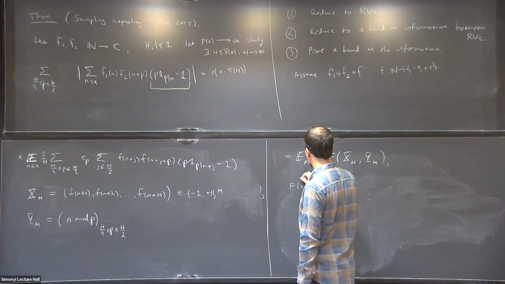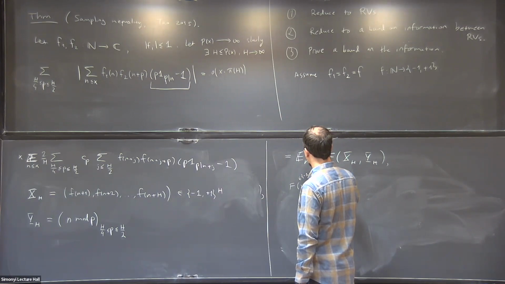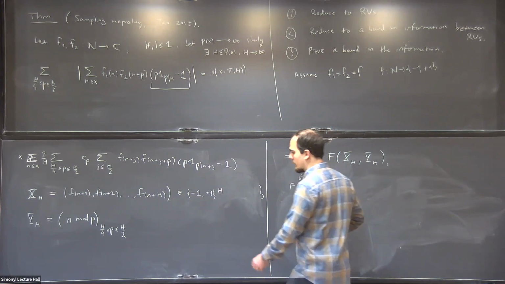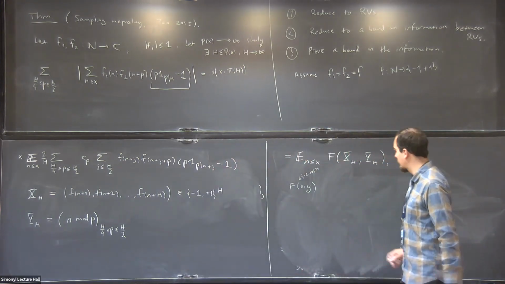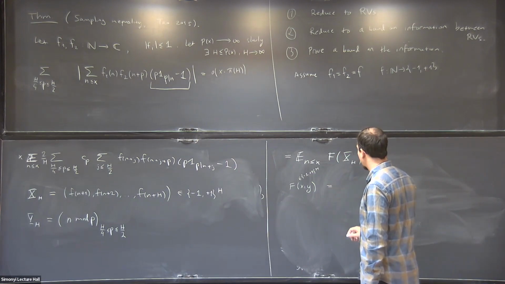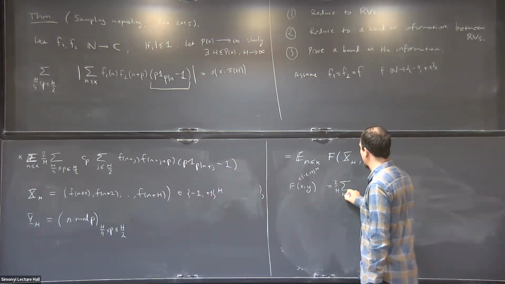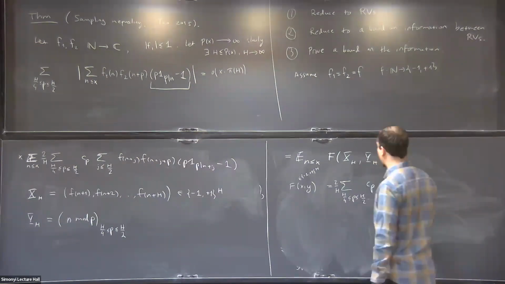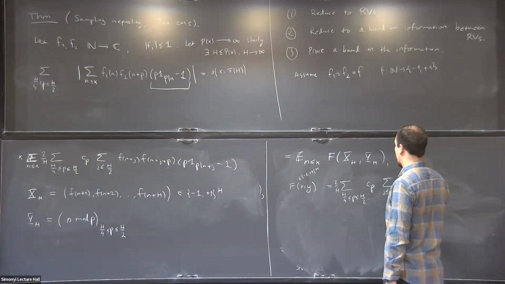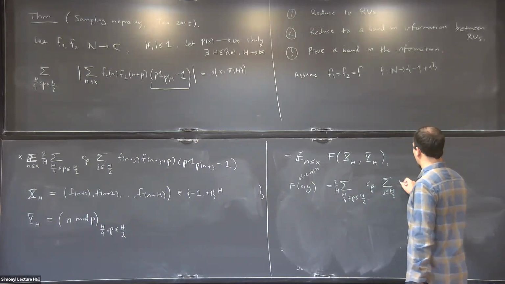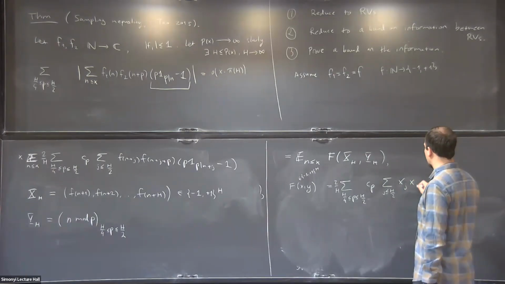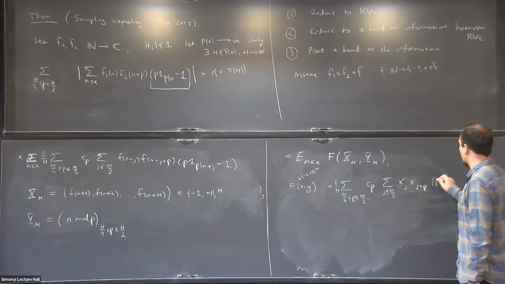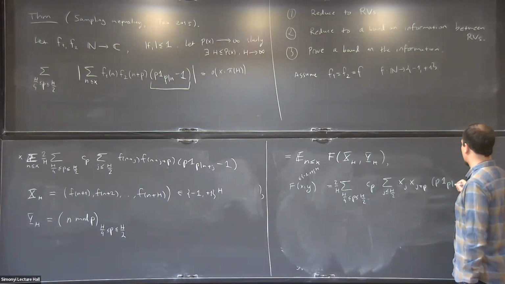If x is taking values -1 and 1 to the h, and y is taking values the product of these Z mod pZ, or those values p, then this is the sum of x of j plus p, p indicator, p divides y plus j.